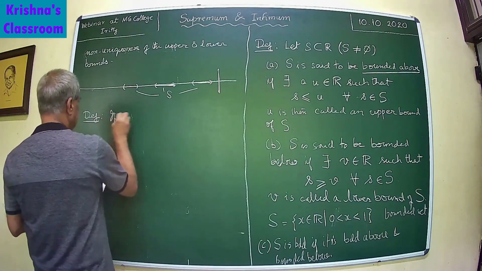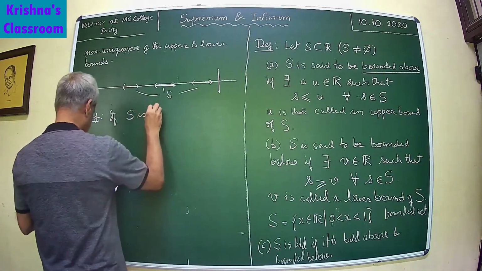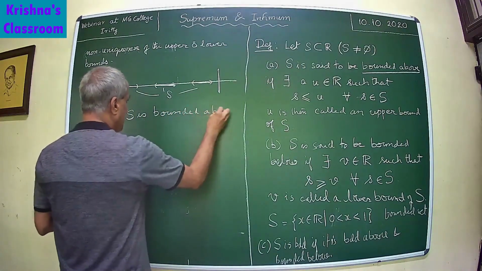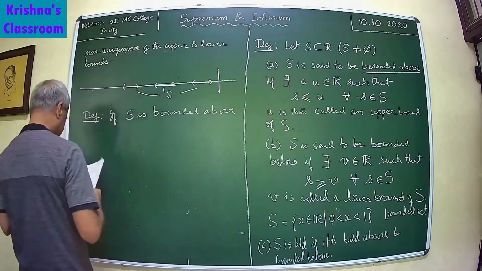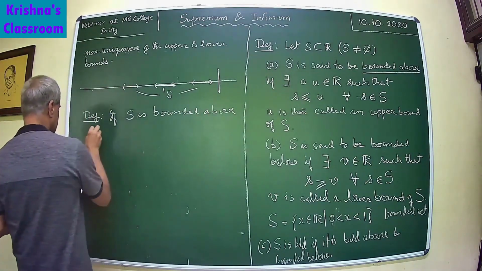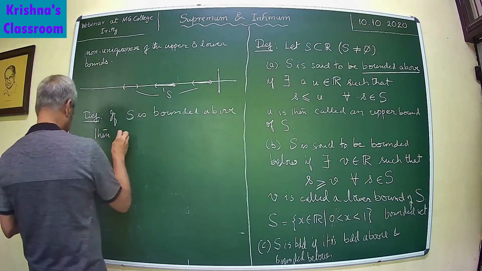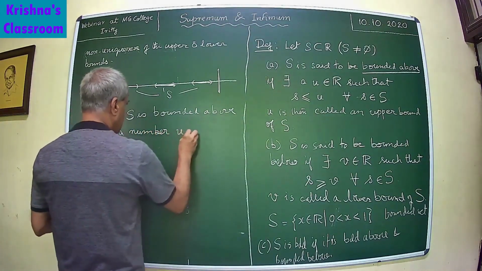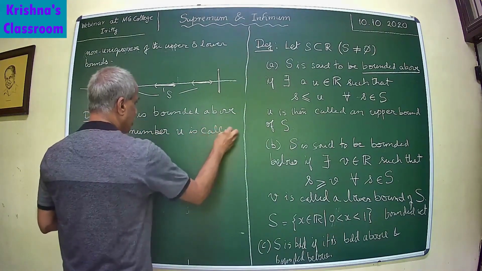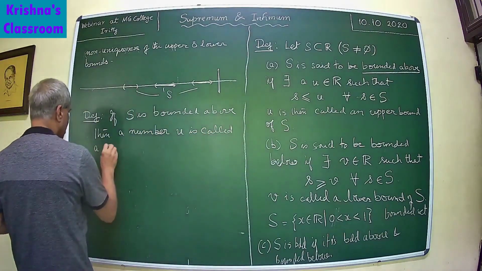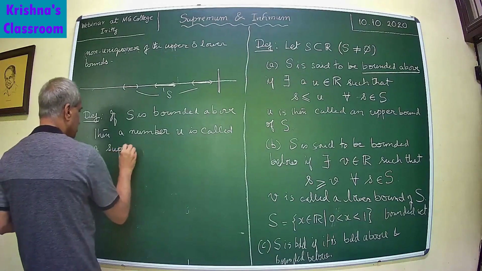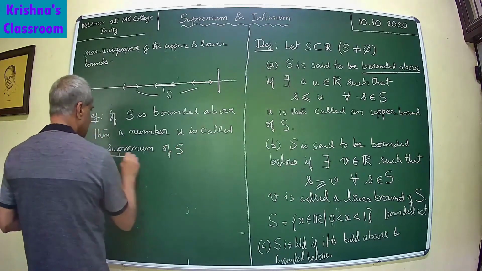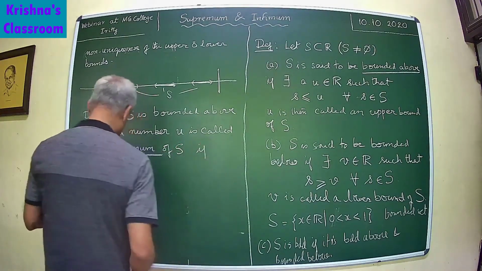If S is bounded above, then a number U is called a supremum of S if the following is true.